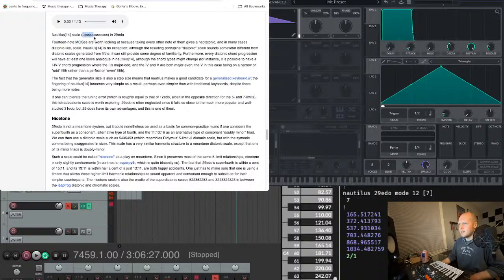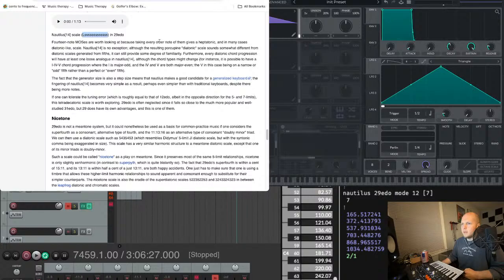So this here, you can apply this sort of pattern to several different EDOs, different divisions of the octave, or different divisions of any interval. And you can apply that pattern and come up with different scales.